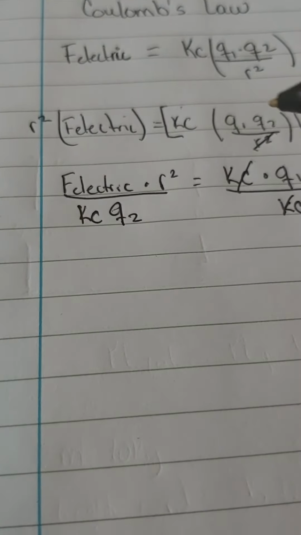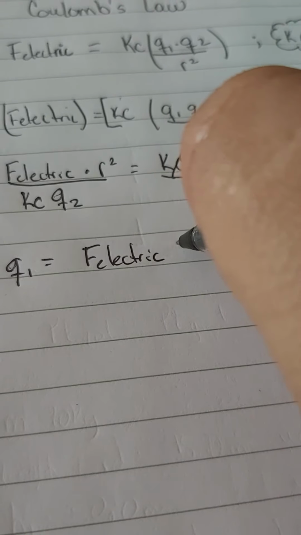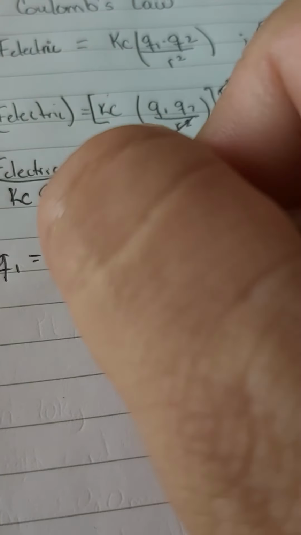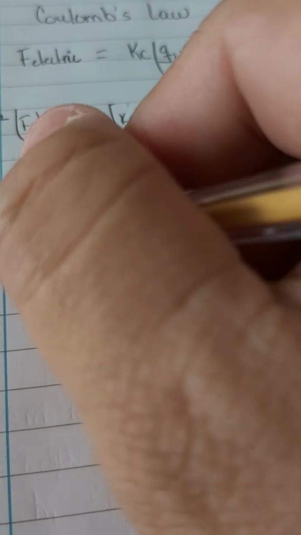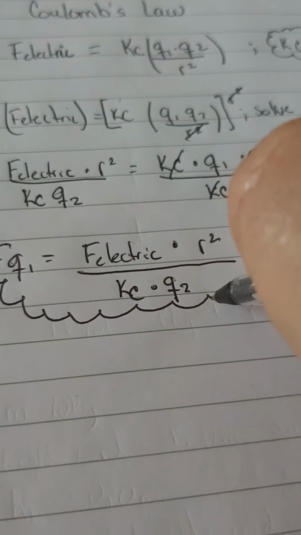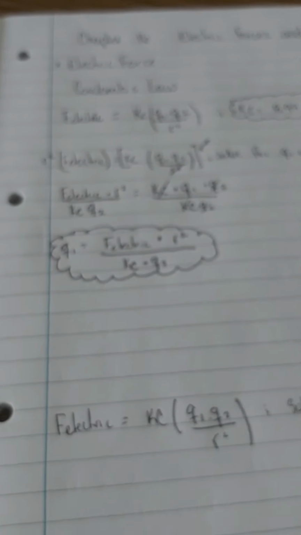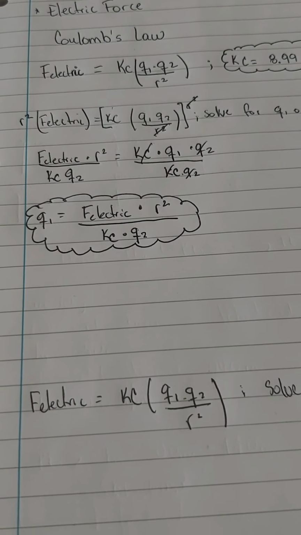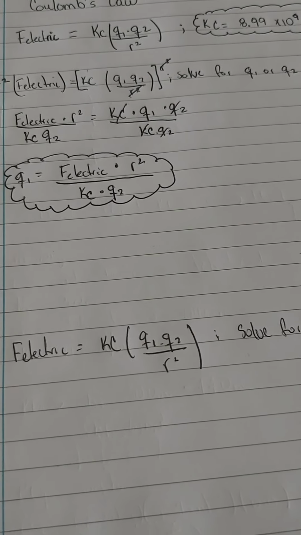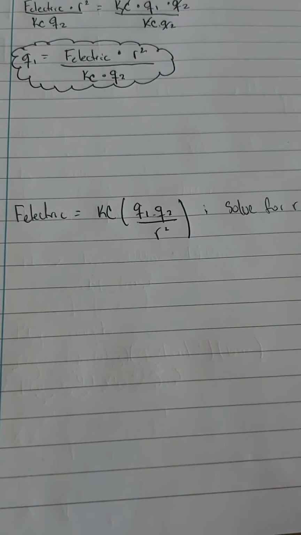So we get, in this case, charge 1 equals electric force times distance squared over Coulomb constant times charge 2. Okay, this will be how to solve for one of the charges. It will be the same process if you're solving for charge 2. Okay, now how do we solve for distance?